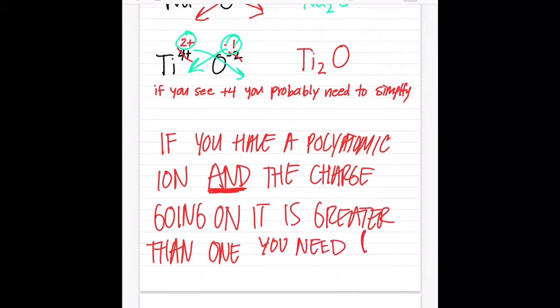So I'm not going to spell parentheses because I'm going to spell it wrong. You need parentheses, okay? So if you have a polyatomic ion and the charge going on it is greater than 1, you must have parentheses. Okay, so let's get into what I'm talking about.